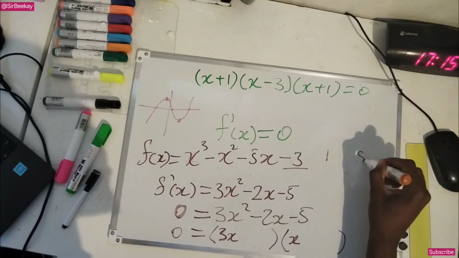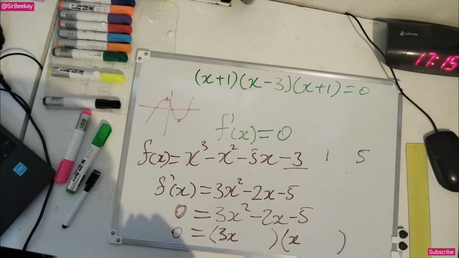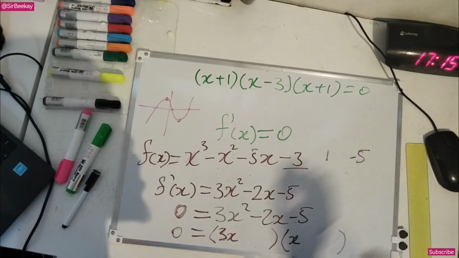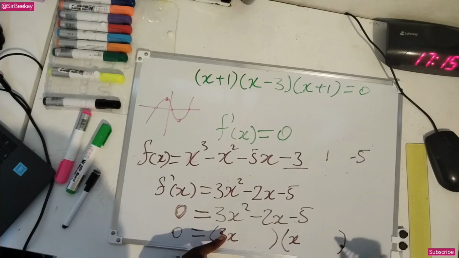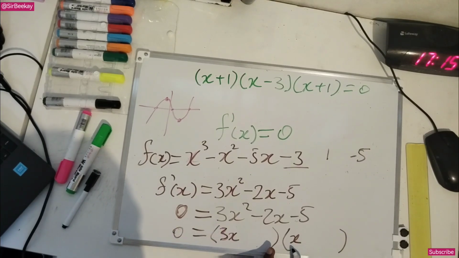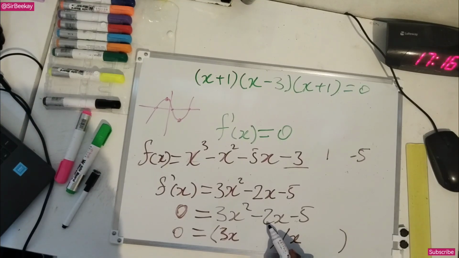It's 1 and 5. Between these two numbers, the bigger number will take the negative sign, meaning the 5 will take the negative sign. But if I multiply these two numbers from here to here, and then multiply these two numbers again, the difference of these two numbers should give me a negative 2. How so?